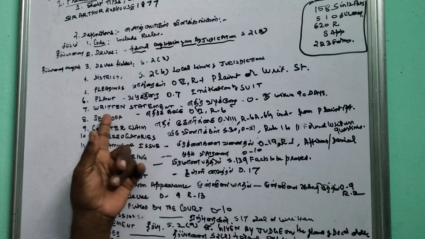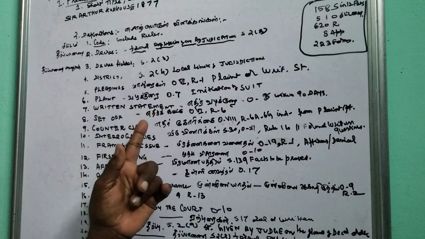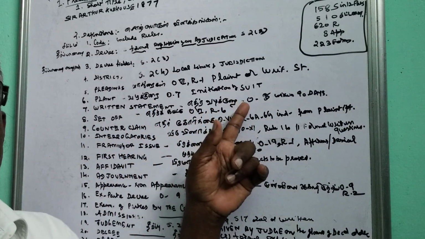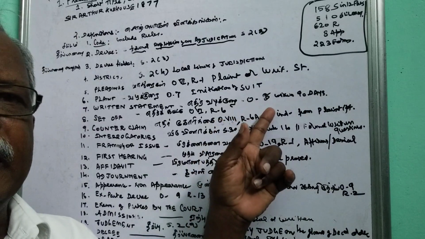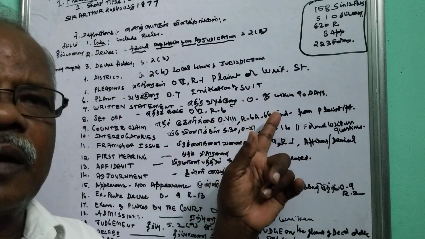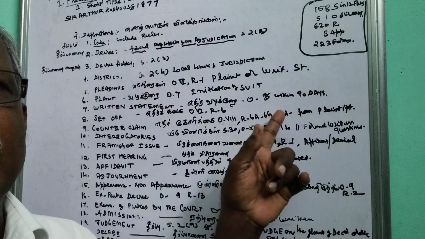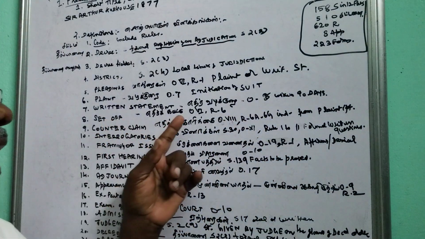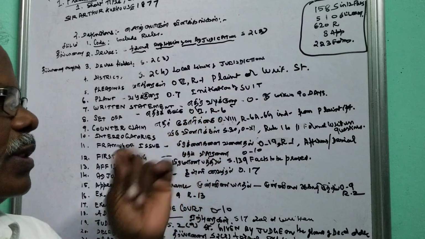And then the written statement is usually given by the defendant within 90 days from the filing of the case by the plaintiff. Then set off, according to Order 6, Rule 6.